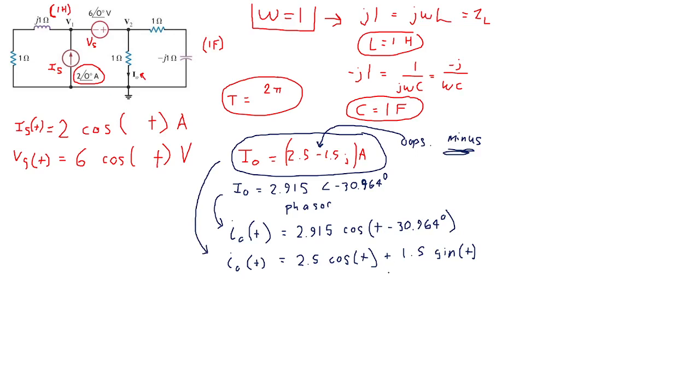We generally find this form less convenient, but it is nice. This is 2.5 cosine of t plus 1.5 sine of t.